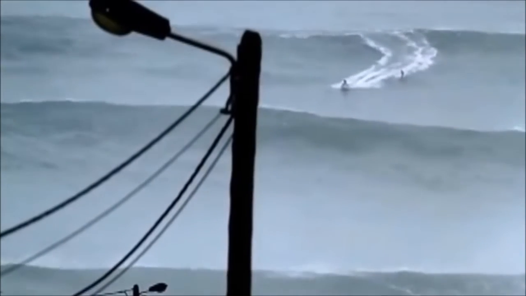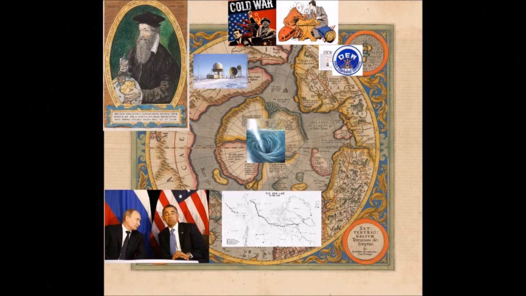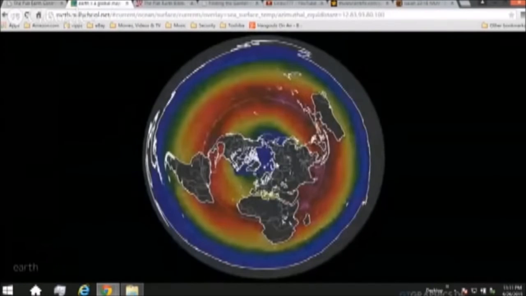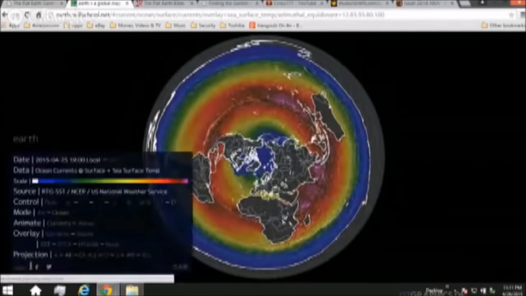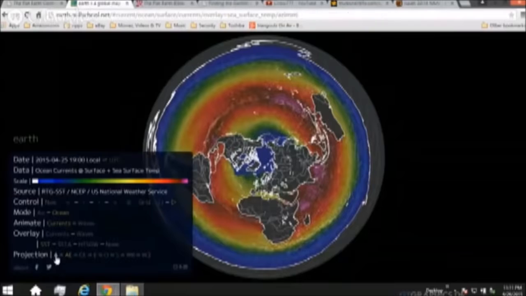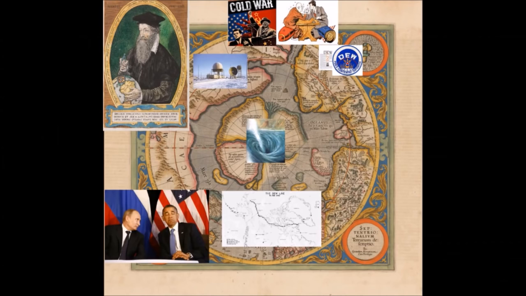As the water is drawn into the whirlpool at the North Pole here, this gigantic whirlpool, and as it circles around Mount Meru and plunges down into the depths of the Earth, that would create that suction and pull the air towards that area. And then other air would have to come in from the outside, or from the other parts of the planisphere, to fill in and make up for the loss of that sucked air that's going in at the north here.